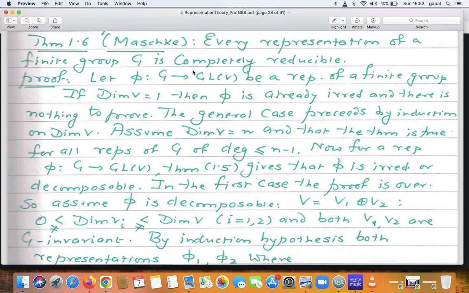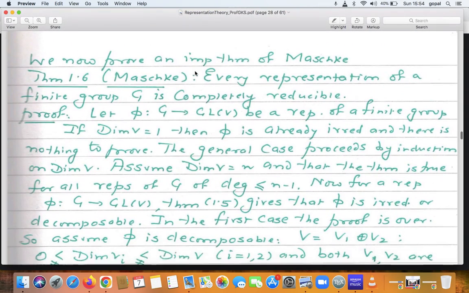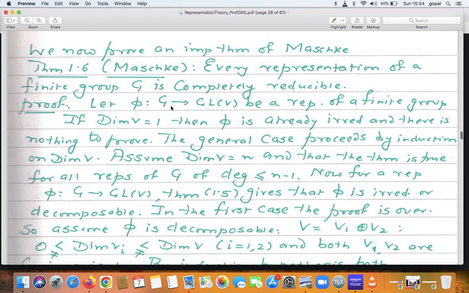Well, since complete reducibility is preserved under equivalence, we may assume without loss of generality that our representation is a unitary representation. So let phi from G to GLV be a representation of a finite group. If dimension of V is 1, the job is done because a one-dimensional representation is already irreducible and there's nothing further to be done.